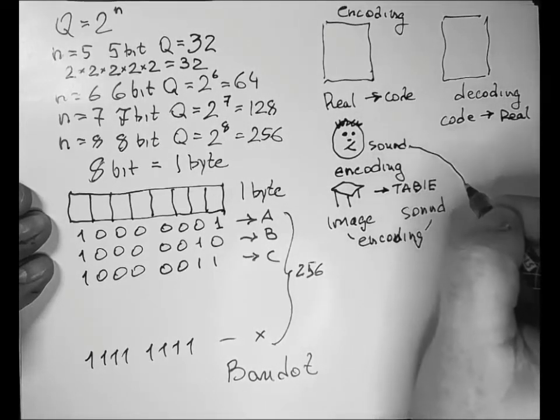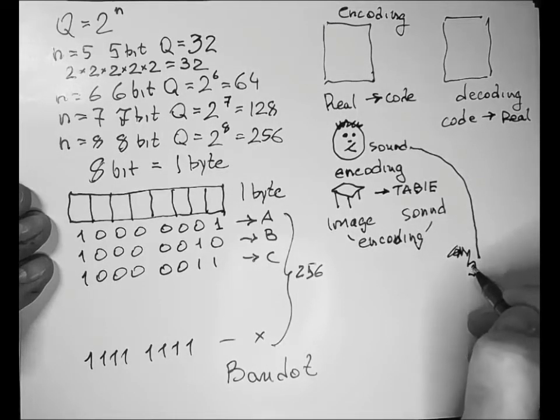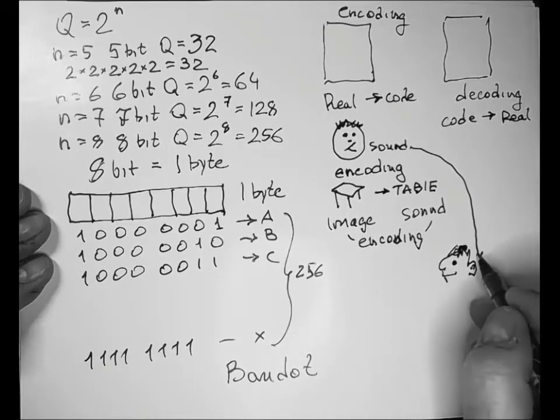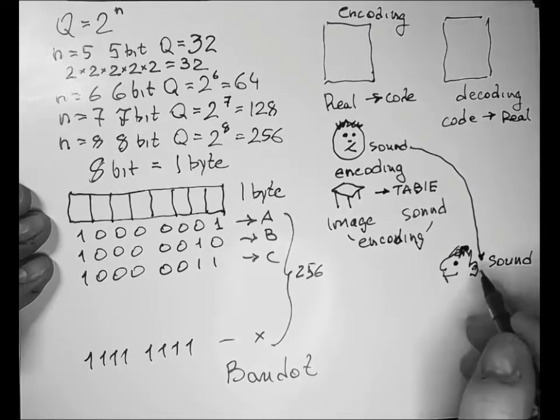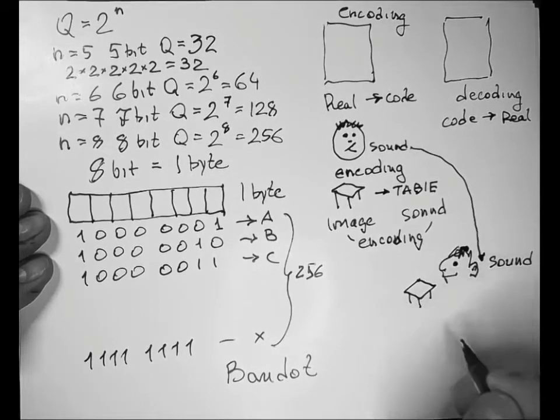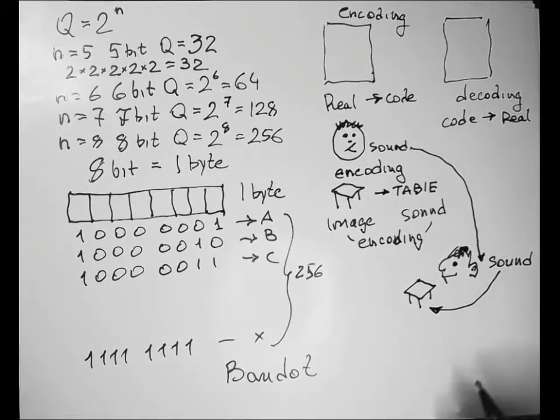Now, this sound goes to somebody with big ears, and within the brain of this person, the sound must be converted back to images. So that will be from sound to the image of the table, and this is decoding.